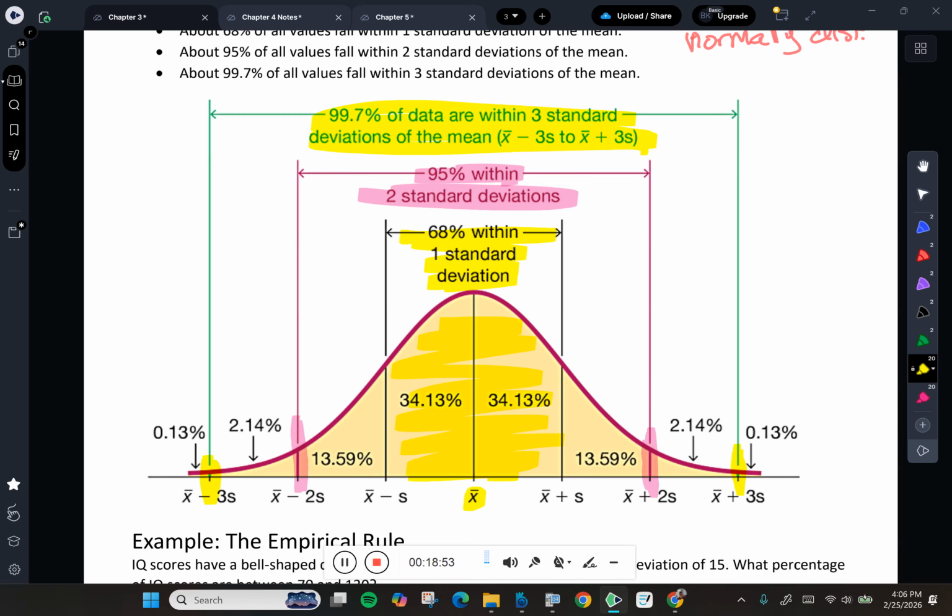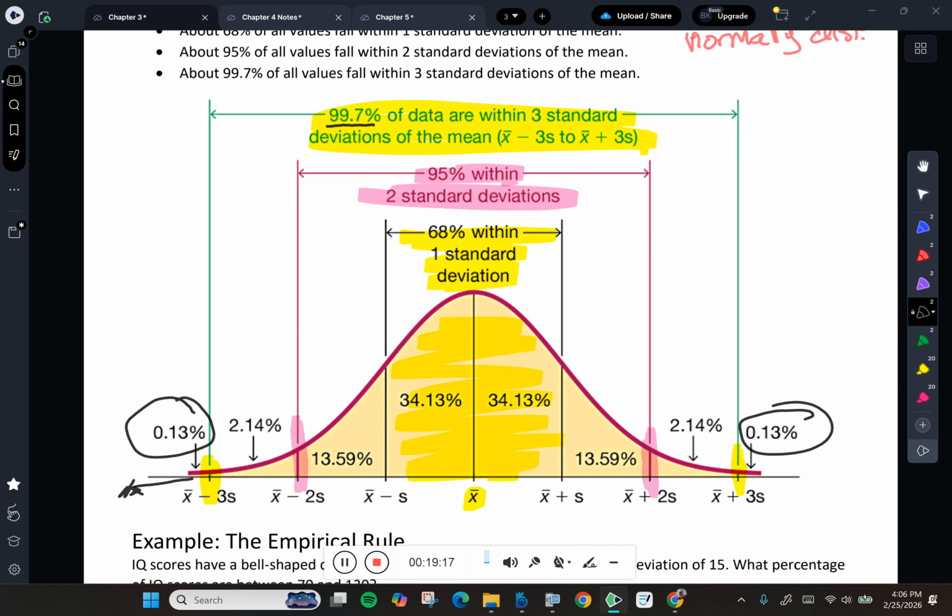Okay? If 99.7% of the data is within 3 standard deviations, basically what we're saying is there's nothing out there beyond that. I know it's not technically nothing. Down here on the low end, there's technically about 0.13% below that 3rd standard deviation.